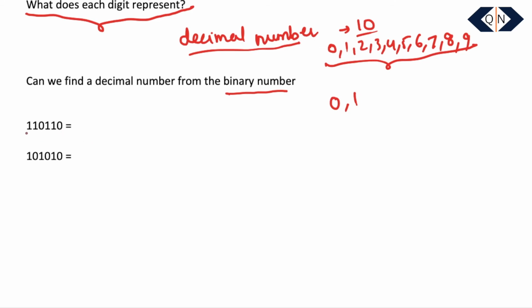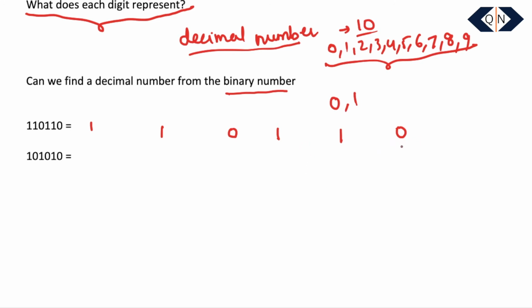So suppose we split this as 1, 1, 0, 1, 1 and 0. Okay, we have split it. Let me spread it slightly more for convenience. 1, 1, 0, 1, 1 and 0.